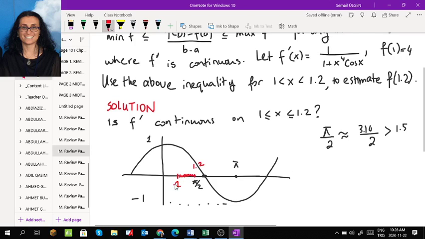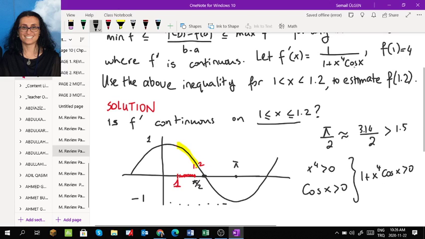Because of this, our graph is positive. So cosine x is positive here. Since cosine x is positive, and x to the 4 is also positive, if you multiply them, their multiplication is positive. So this implies 1 plus x to the 4 cosine x is positive.